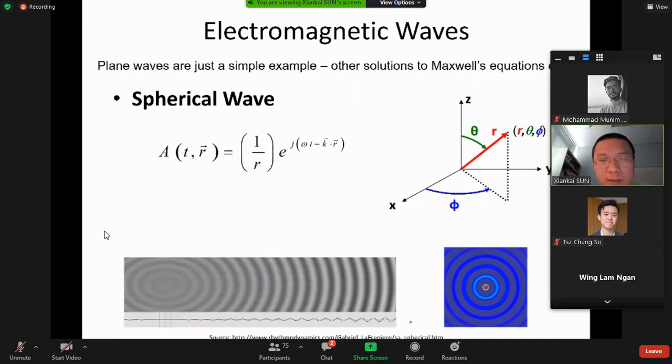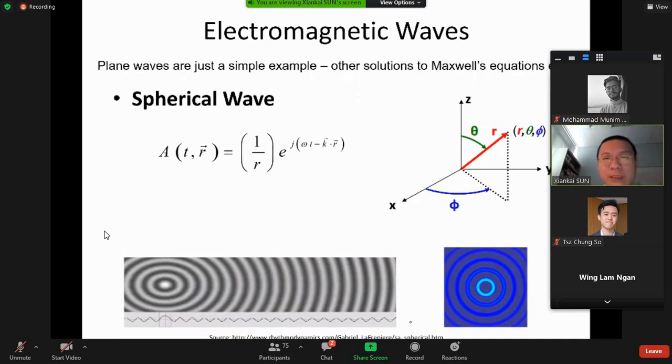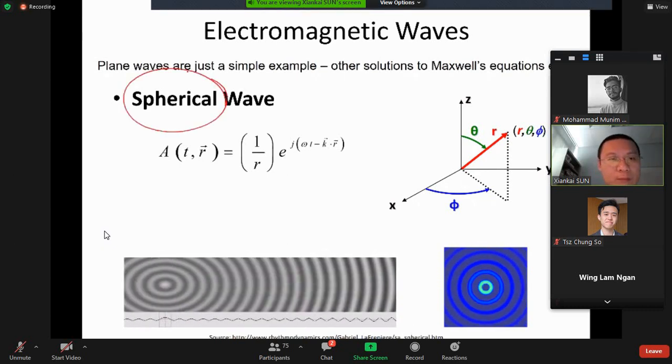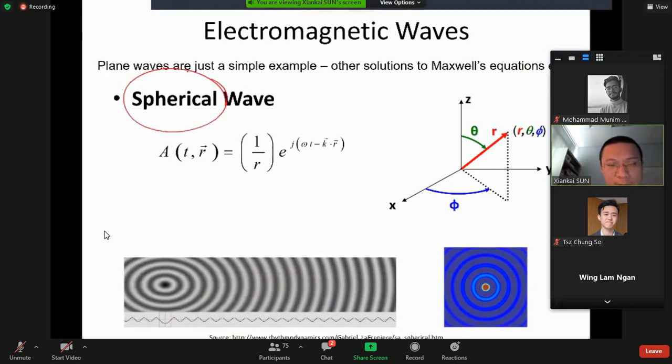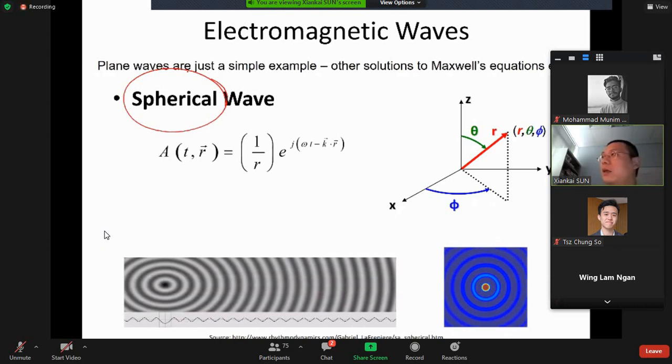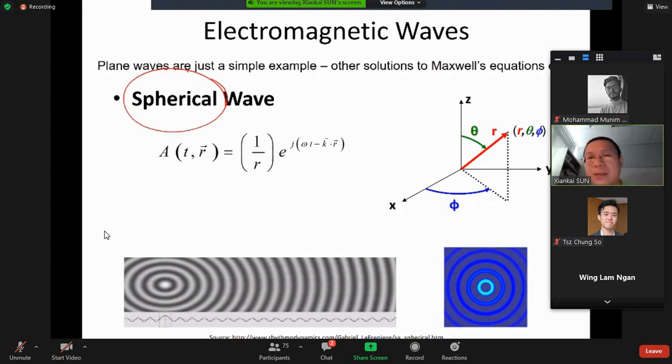So the next example of electromagnetic waves would be the spherical wave. In our everyday life, we can find many such examples.